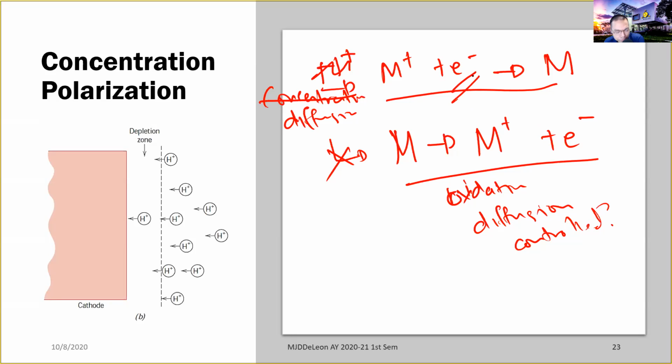So, sa reaction, meron kasi tayong dalawa na nagre-react. You need your ion and your electron to react. And para mag-react sila, dapat mag-meet sila sa interface. So, nagdi-diffuse dapat si hydrogen to your metal to get your electron from the metal. Tama, di ba? So, meron kang diffusion step.